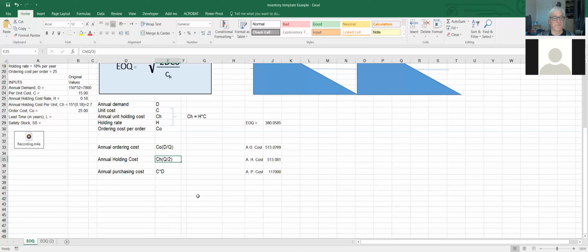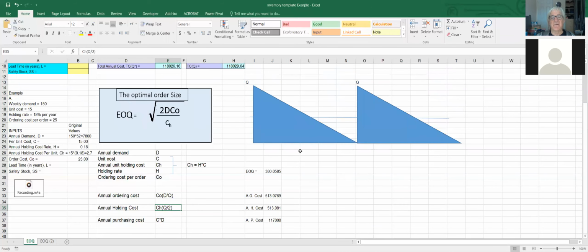Then the holding cost. Each unit in inventory will cost you C sub H dollars per year to hold. Multiply it now by the average inventory. Why? Look at the graph here. The average inventory is Q over 2, so that's the average inventory all year. Sometimes the average is lower than the real inventory, and sometimes it is larger.